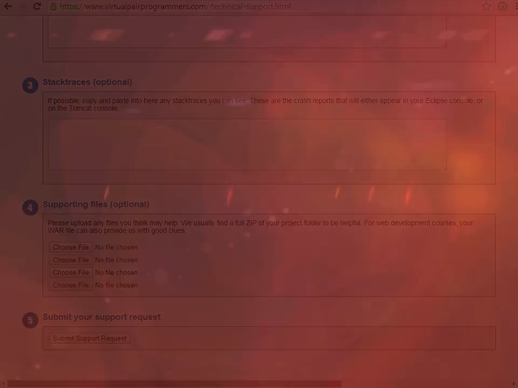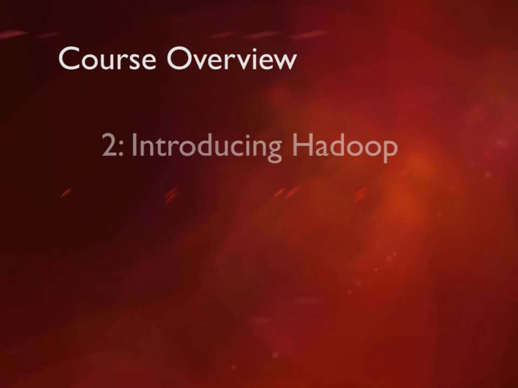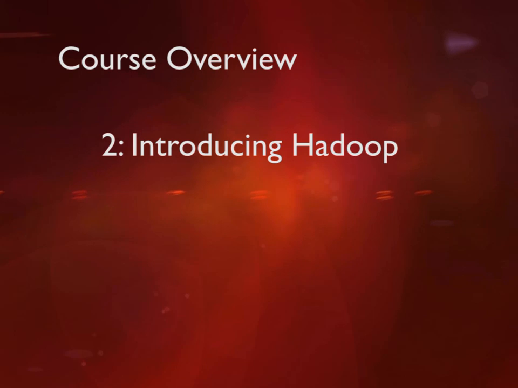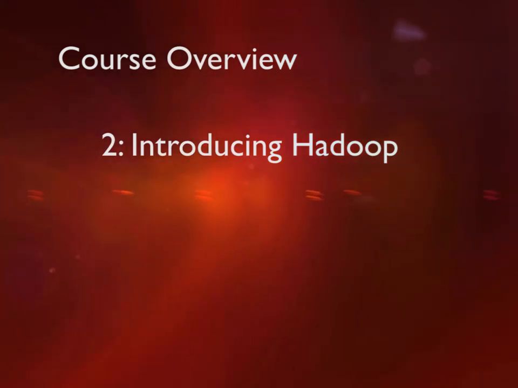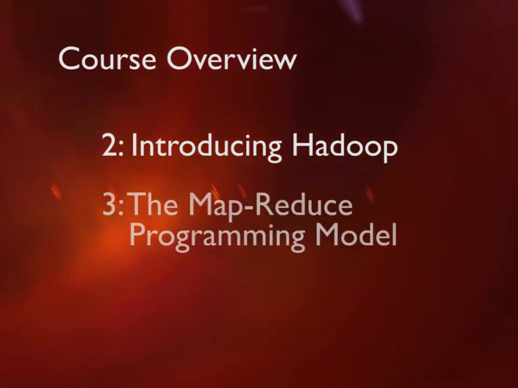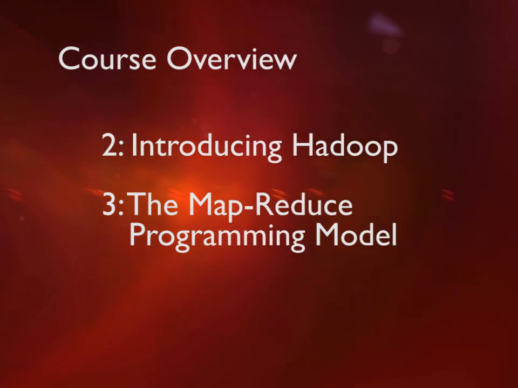I'm going to now run through the key topics we'll be covering on the course. We start in Chapter 2 with an overview of what Hadoop is, and we introduce the concept of MapReduce, the Hadoop programming model. To help get a really good understanding of the MapReduce concept, in Chapter 3 we go deeper into the principles of MapReduce, and we write some standard Java code that simulates what MapReduce does.